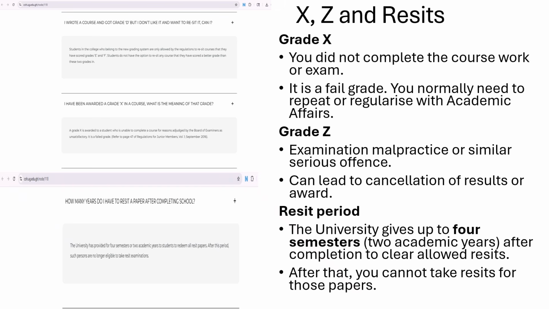I added a Z to it. When you get a Z, that's examination malpractice or similar serious offenses. It can lead to cancellation of a result or award. A Z can lead to even a cancellation of the entire semester that you've written. So I always admonish you to be very careful at the University of Ghana. Do not engage in examination malpractice and take it very seriously, because you may think everything is easy until you find yourself before the examination board, and trust me, it will not be friendly at all.